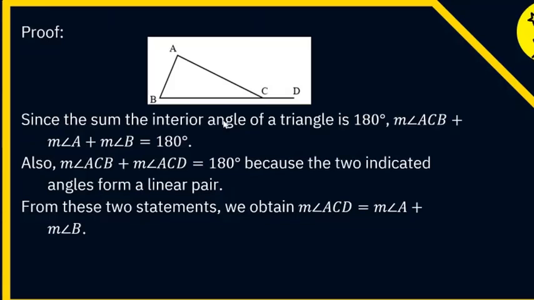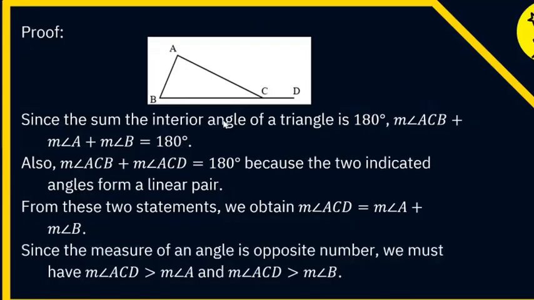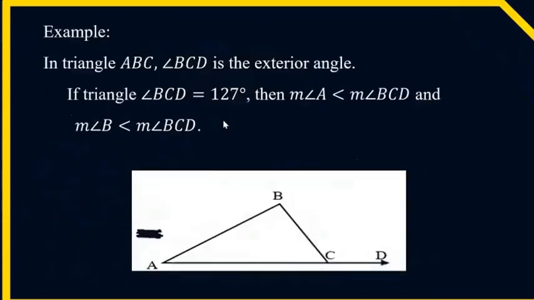So, we can say that angle ACD, the exterior angle formed outside of the given triangle, is equal to the sum of the remote interior angles. Since the measure of an angle is a positive number, we must have the measure of ACD greater than the measure of angle A, and the measure of ACD greater than the measure of angle B. Let us have an example.